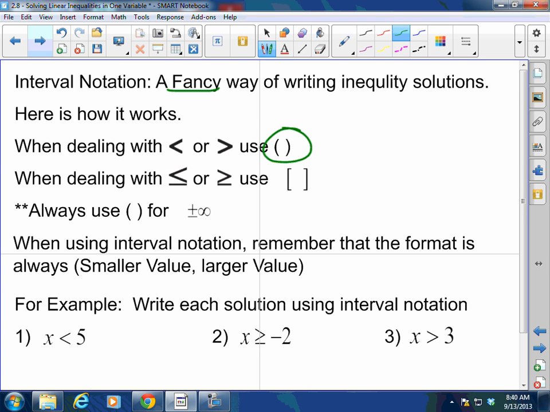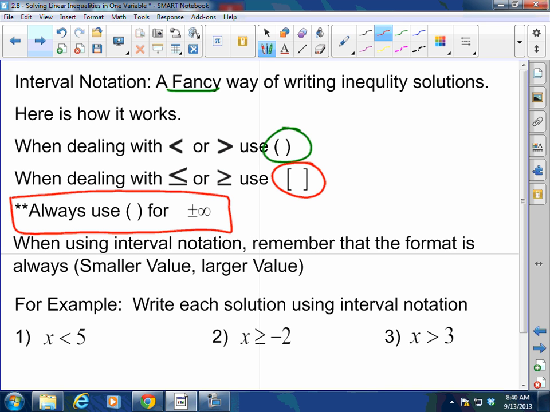When dealing with less than or equal to or greater than or equal to, you're going to use brackets, guys. Brackets let the reader know, hey, dude or dudette, this value is included, and then everything else. Okay? So greater than or less than, parentheses; greater than or equal to or less than or equal to, brackets. Okay?